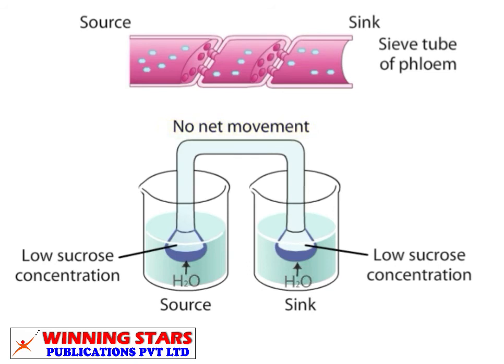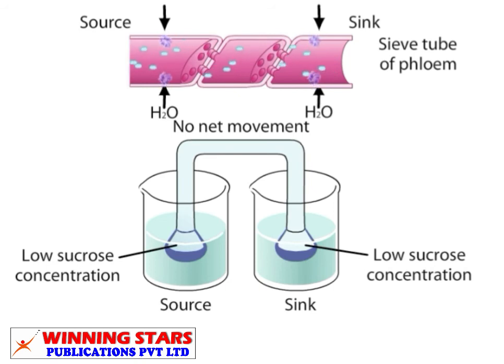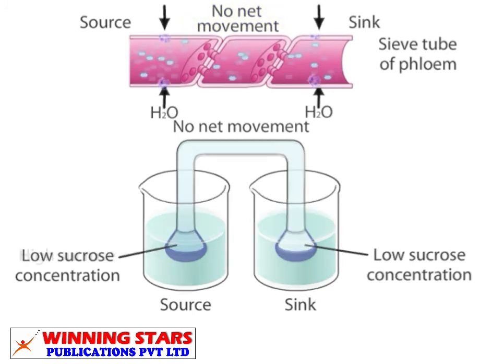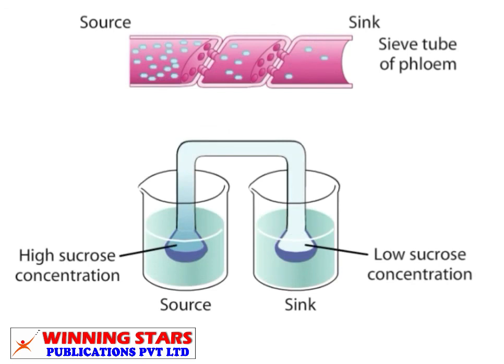In the sieve tube there is no net change, because the sucrose will remain constant for long periods, and water may enter, but it will remain constant. So there is no net movement in the sieve tubes from source to sink.